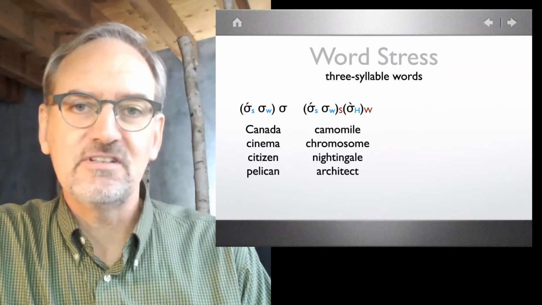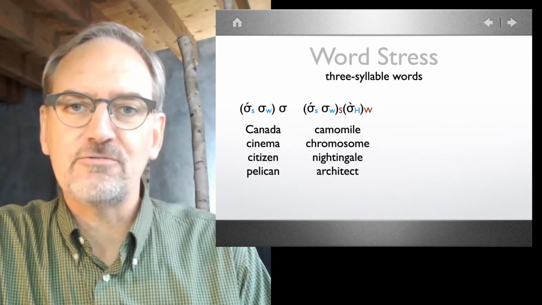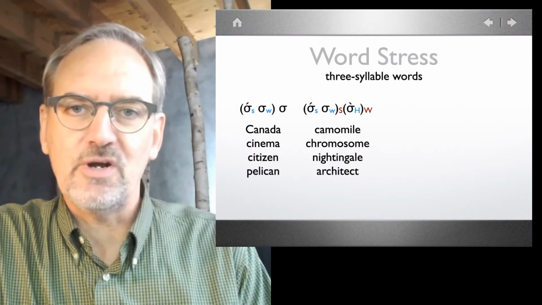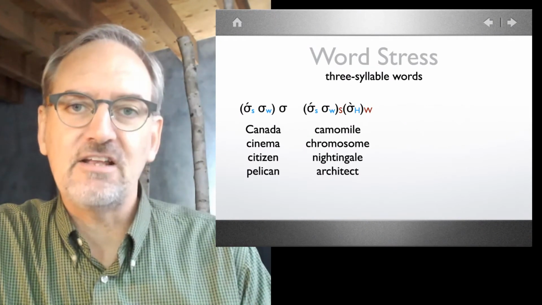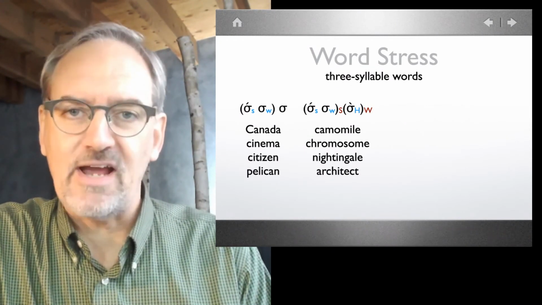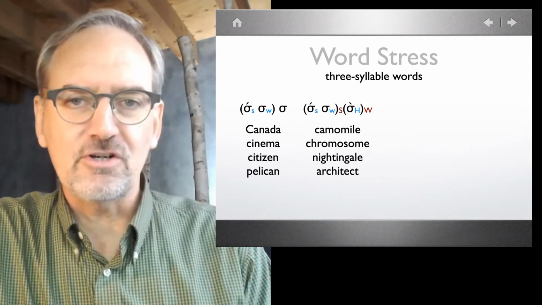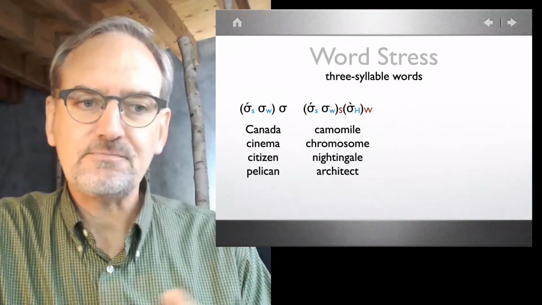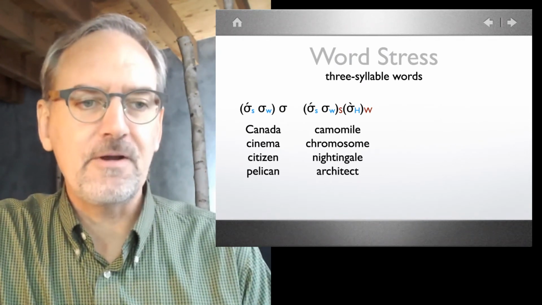The second syllable is a weak syllable in a foot, so it's unstressed, and therefore is pronounced with vowel reduction, with schwa. The first and third syllables, however, are both stressed, the first with primary stress, and the third with secondary stress. But now we can see why, because of how they're grouped into the feet.